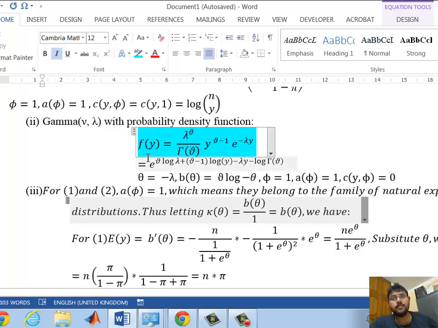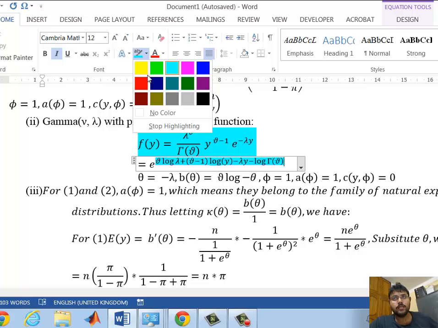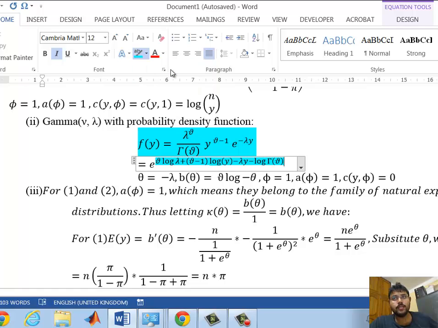And then logs are invertible, so this function comes to e to the power log of itself. So log of itself was this term in blue. These terms were the log of f of y, and then the whole term becomes f of y once again.